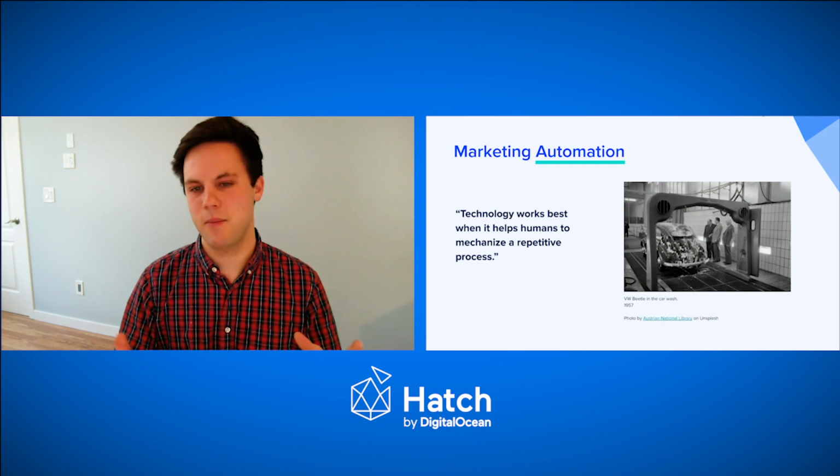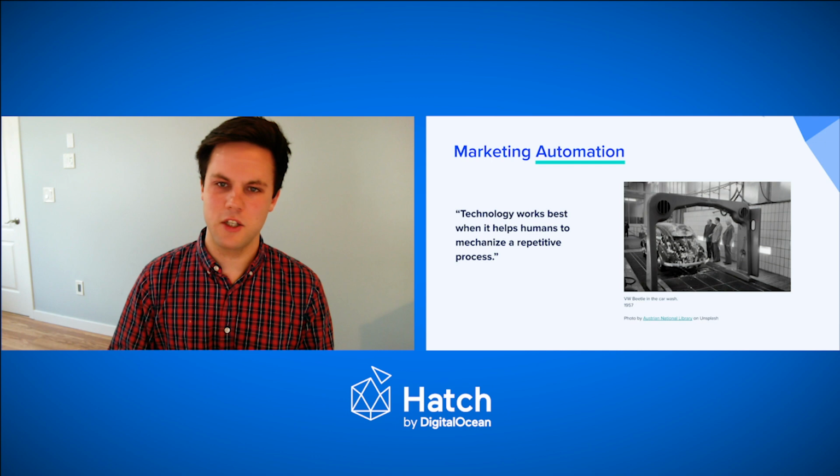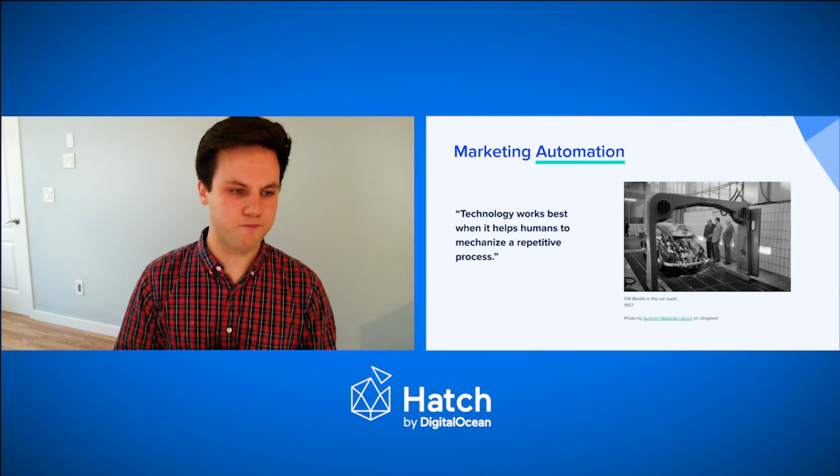Again, a trivial example, but we'll bring this automation to life through each of the 4 P's that we just mentioned, which are the components of marketing that we'll cover.